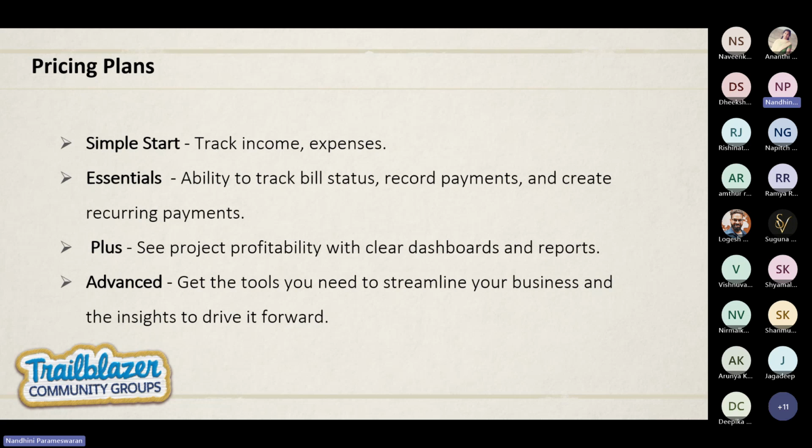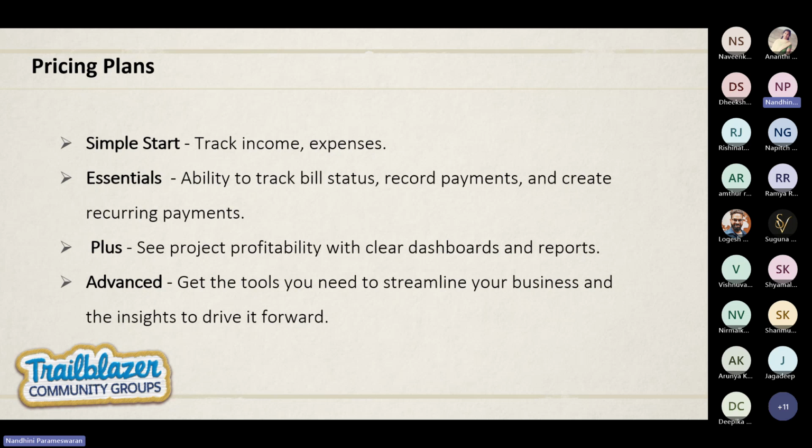Among these four pricing plans, Advanced is the higher tier one, and this costs around $200 per month. It provides access for up to 25 users and three accounting firms. When we choose the Advanced plan, we can build customized charts to monitor financial performance, manage employee expenses, and have dedicated access to a dedicated accountant.